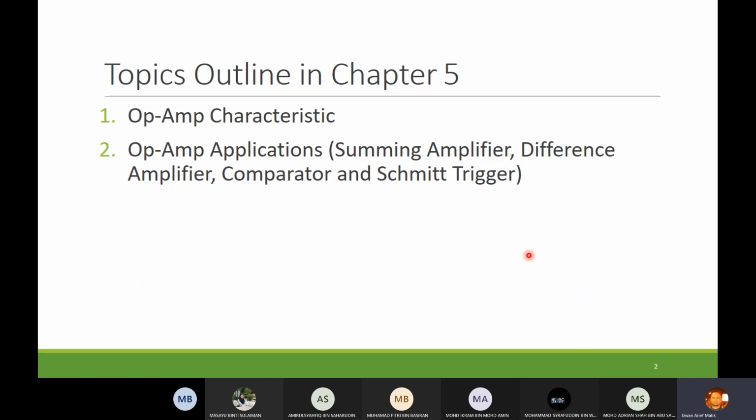There are many applications available in terms of the usage of op-amp, but I follow our CLP, Course Learning Plan, where we will look into the summing amplifier, differential amplifier, comparator and Schmitt trigger amplifier. That's all. The others, there are many more applications, I won't touch them, otherwise we will waste a lot of time there.